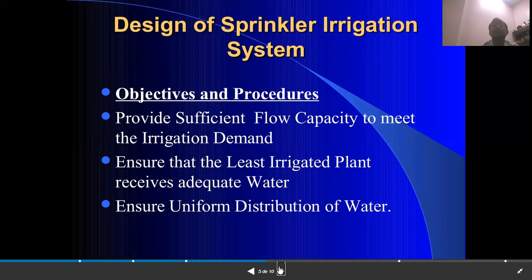Design of sprinkler irrigation system: objectives and procedures. Provide sufficient flow capacity to meet the irrigation demand. Ensure that the least irrigated plant receives adequate water. Ensure uniform distribution of water.